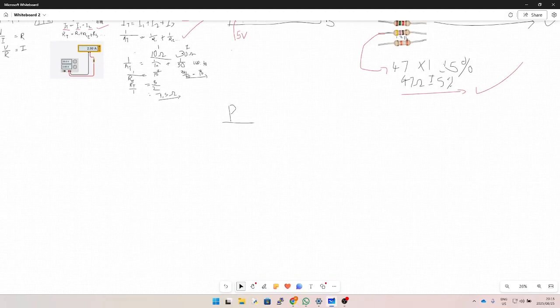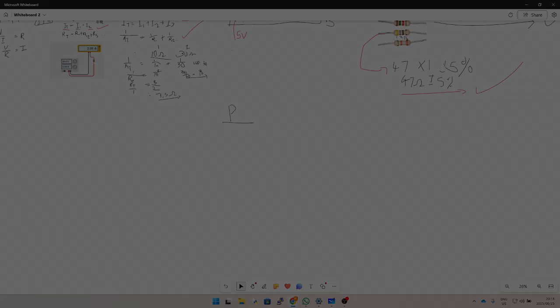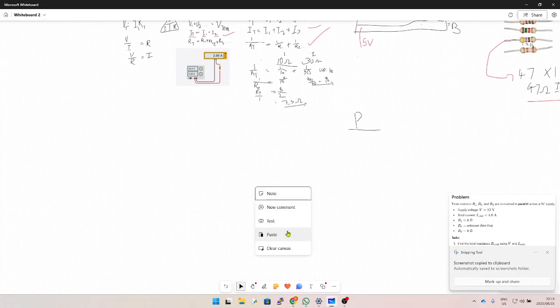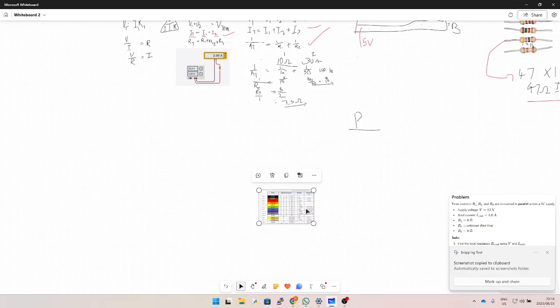There we go. Okay, right. Let's see this here. Yeah, the problem. So your first step is paste here. It's the wrong image.